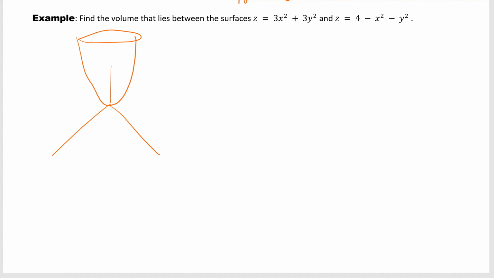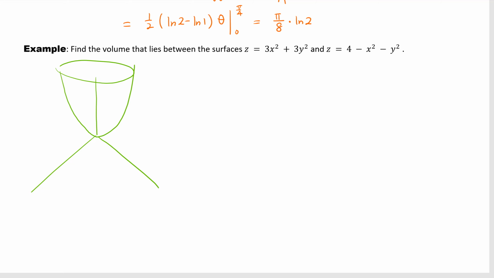Okay, so when it crosses the xy plane, we get 4 minus x squared minus y squared equals 0, and x squared plus y squared equals 4. That is a circle with radius 2, and it passes through 0, 0, 4.